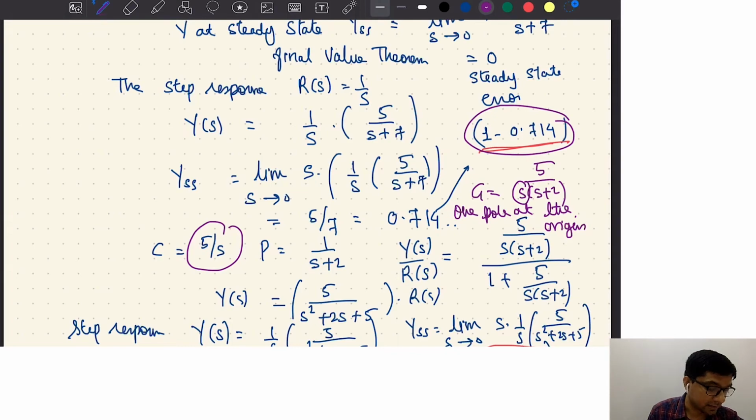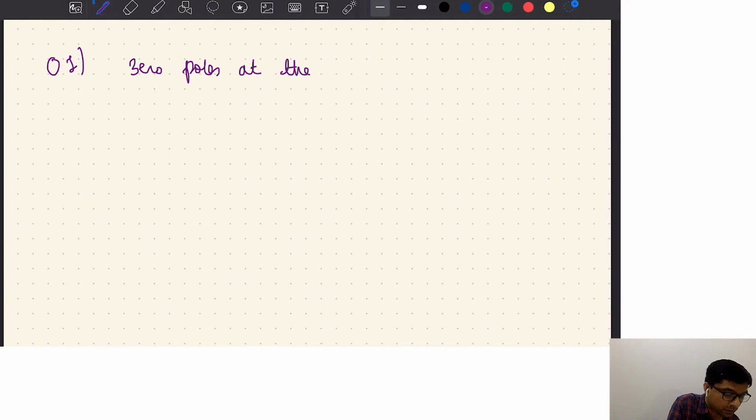Maybe I'll just write this down. The first observation, O1, if I may call it: 0 poles at the origin. Okay, in this case, the step response had a steady state error.